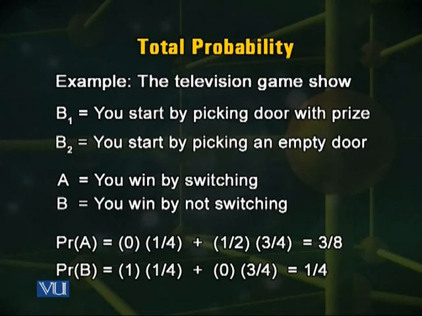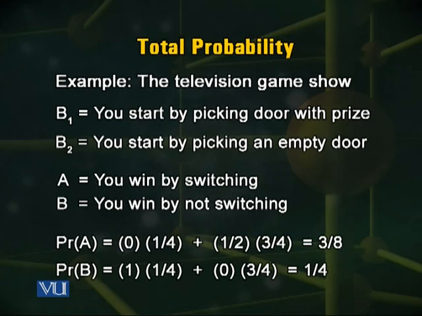And similarly, the probability of you winning with switching is equal to the summation of two parts. The first part is that you start your game by choosing the door with the prize behind it and then you switch. And the second part of the partition is that you select in the first part of the game show a door which does not have the prize.